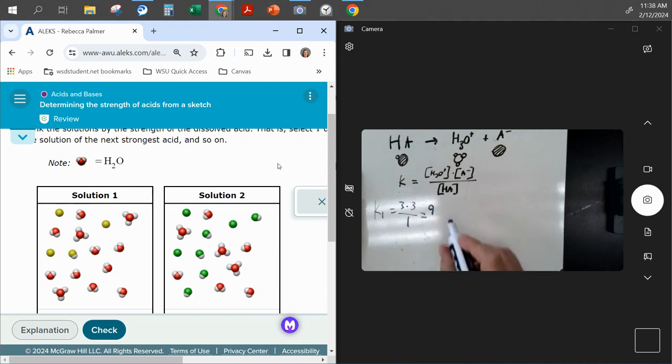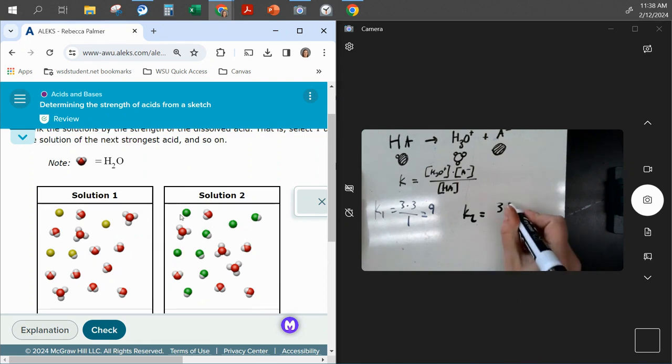Okay, so the next one, we're looking for hydronium. We've got 1, 2, 3. We have our conjugate base, the one without hydrogen, 1, 2, 3. And then we have our original acid with the hydrogen, 1, 2, 3, 4, 5. So this is 9 over 5.